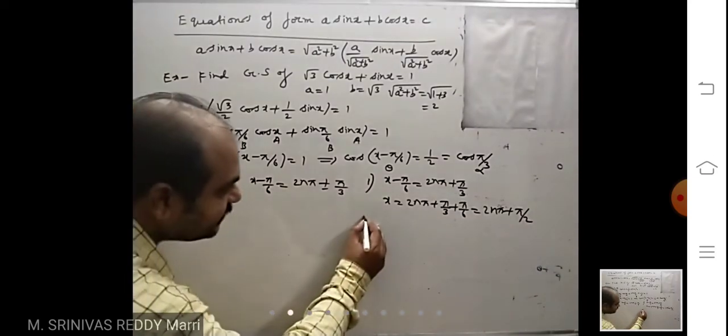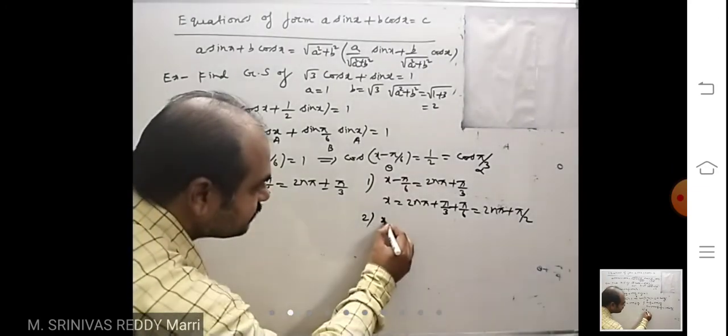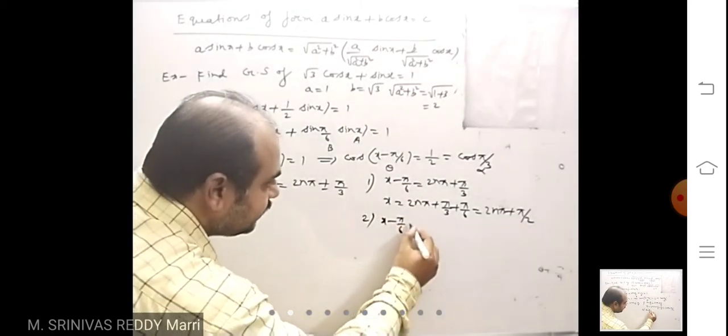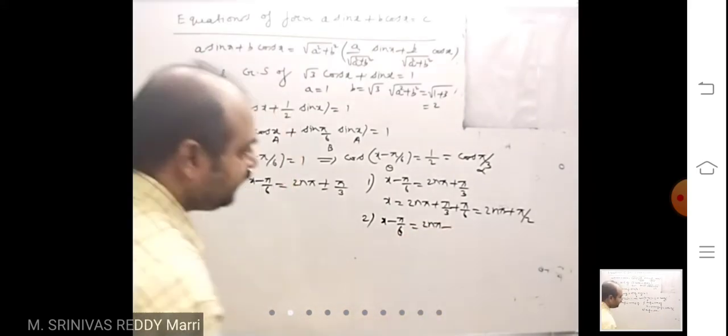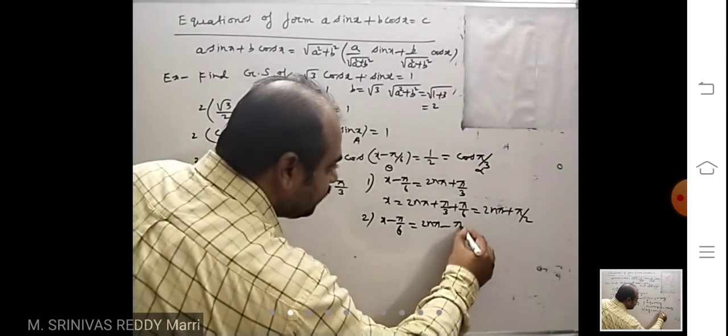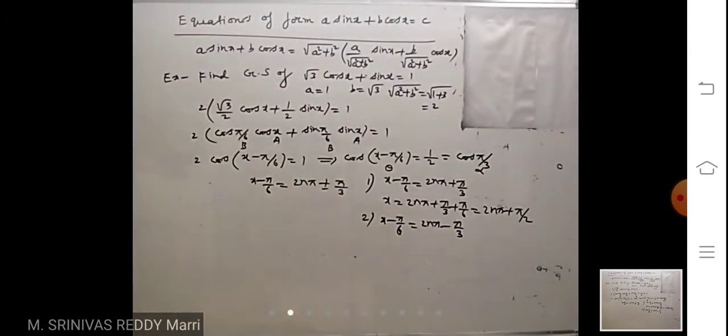Now second case, you take minus. X minus pi by 6 equal to 2n pi minus pi by 3. Right?